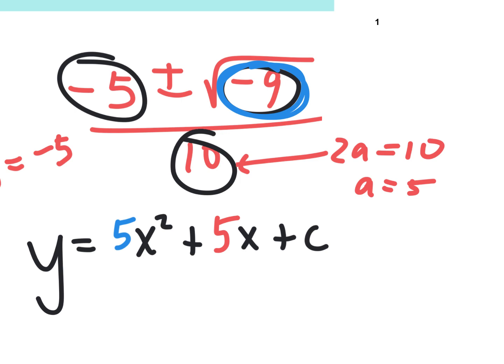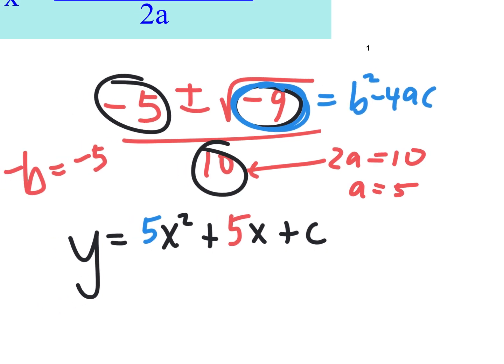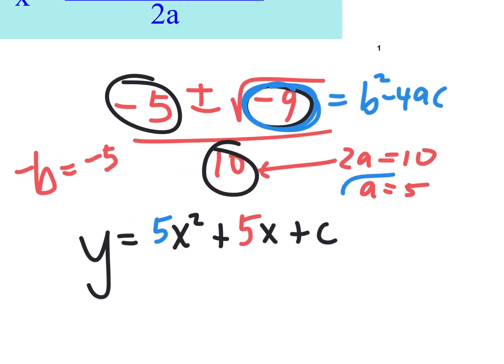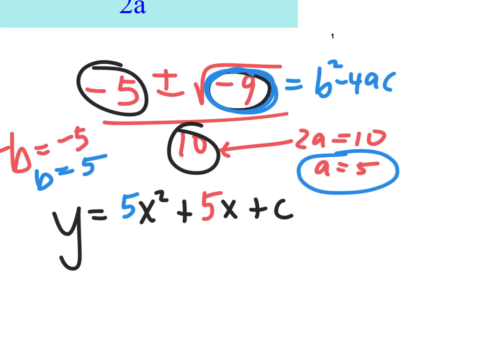So what equation could I write that's equal to B squared minus 4AC? And that seems really complicated until you realize you already know A, and you already know B. And I'm going to rewrite that equation.